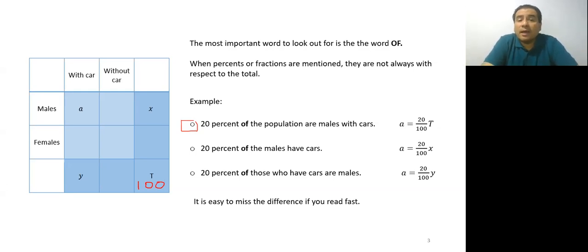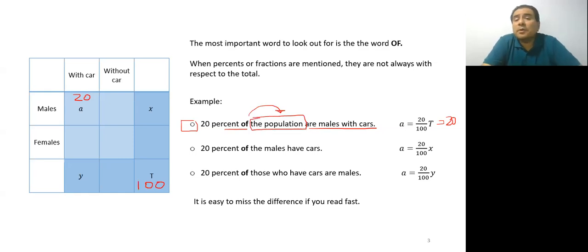Okay, so if I want to fill in the intersection of males with cars, here it says that it's 20% of the population. And 20% of 100 is actually 20, right? So you would fill in 20 here.